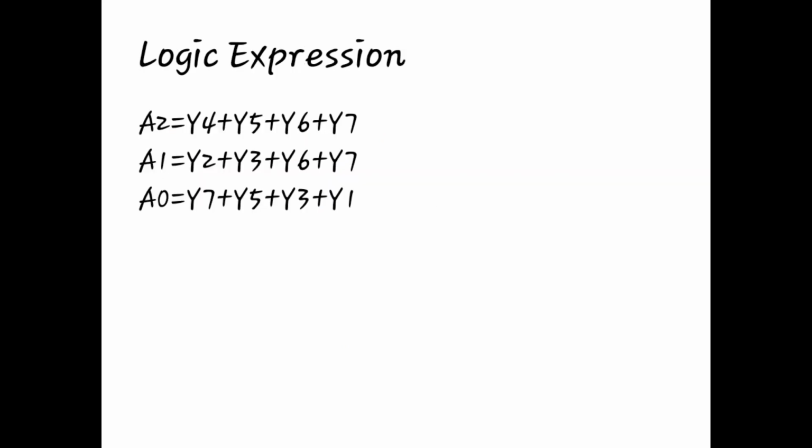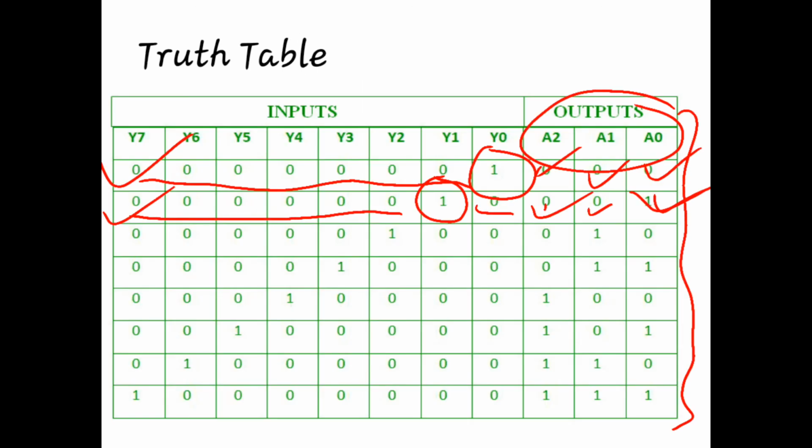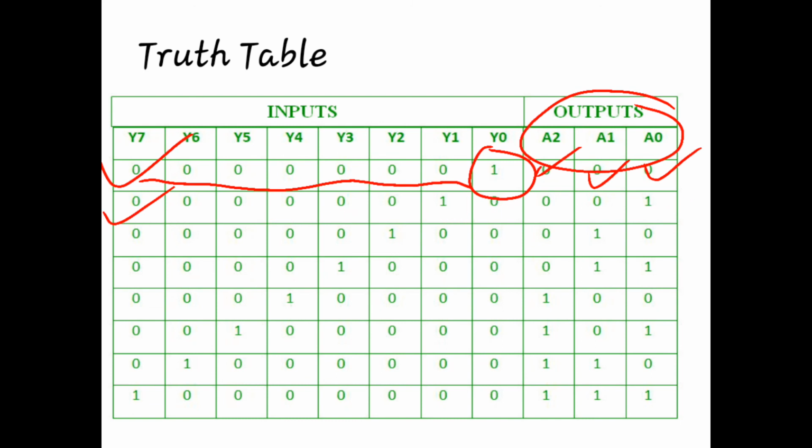Now, how to write the logical expression? From the truth table we have 3 output variables A0, A1 and A2. One can simply write the logic expressions for these 3 output variables just by observing the truth table.